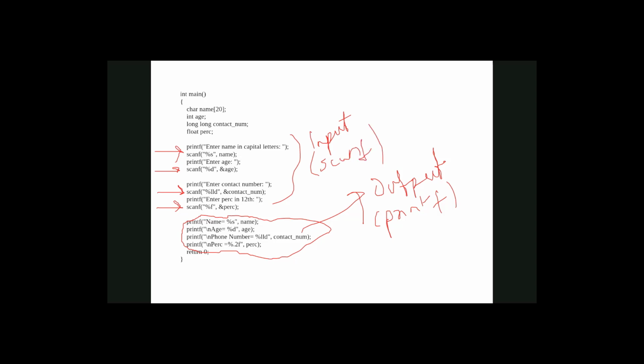So how many inputs are we giving? We are giving 4 inputs, and how many outputs are shown here? 1, 2, 3, 4. 4 outputs are shown here, and one output you can add. The thank you message that I showed you, you can also print that output in this part. Then outputs will be 5.